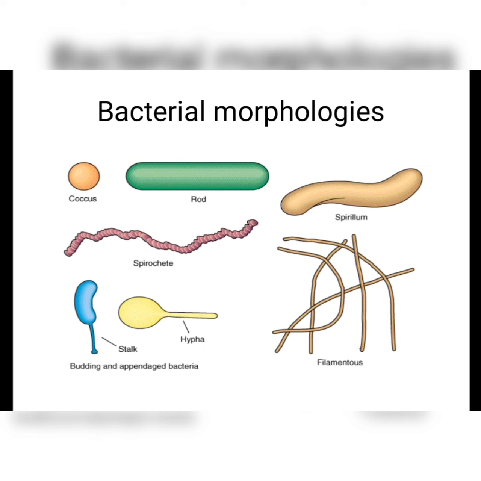There are some bacteria that have germ tube projections forming a small single hyphae compartment, as well as some bacterial cells that have a stalk-like structure that attaches onto the surface. So these are extracellular appendages. These bacteria generally have some special appendages, and they are appendaged bacteria in general.